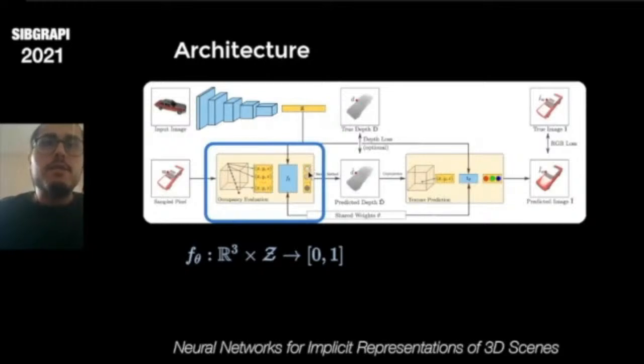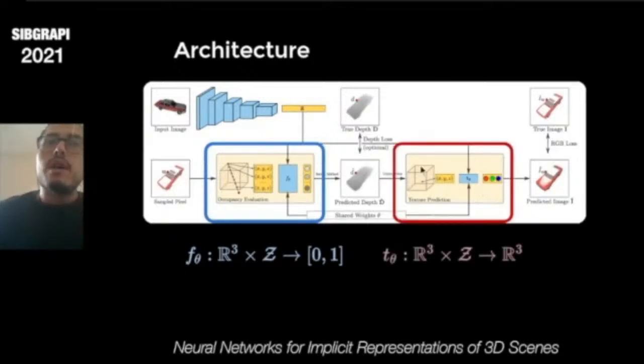And then feeds into the occupancy network and also to a texture network. So we also are able to create this implicit texture map, right? So these are our functions. This is an occupancy network. This is a texture prediction function, which will predict the color in the image.